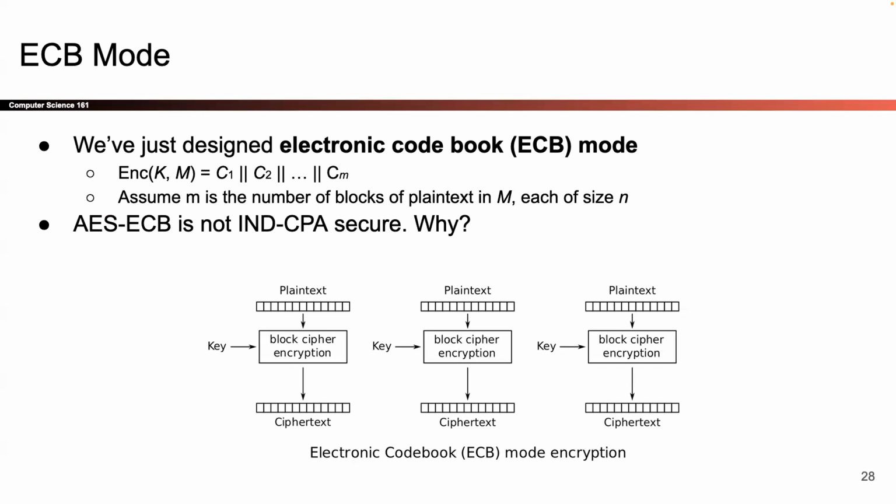Well, you can go home in 6 minutes, but we can't go home yet because this thing is also not NCPA secure. And why am I telling you this without even showing you a proof? What's your one word answer for why this thing can't be? There's just simply no possible way that this thing could win the NCPA security game. Deterministic, exactly. Eve will always be able to win using the same strategy as before.